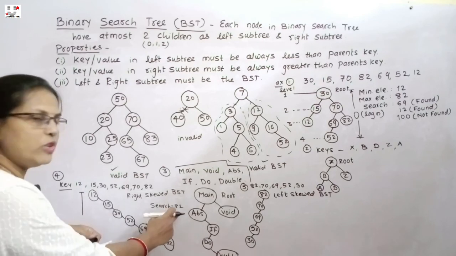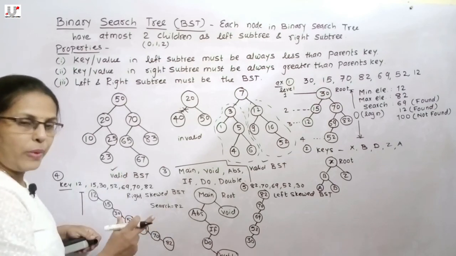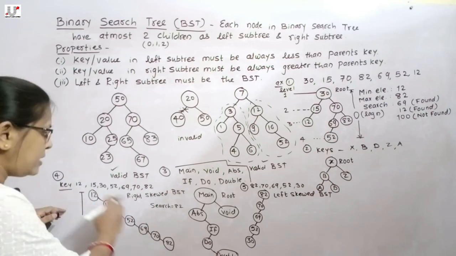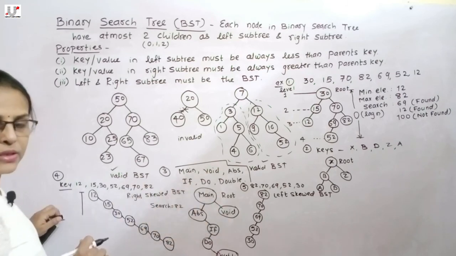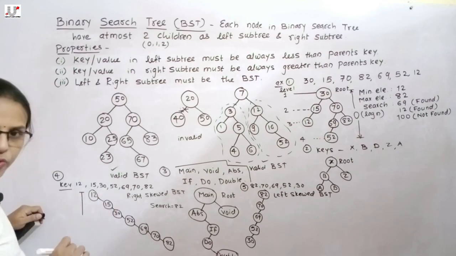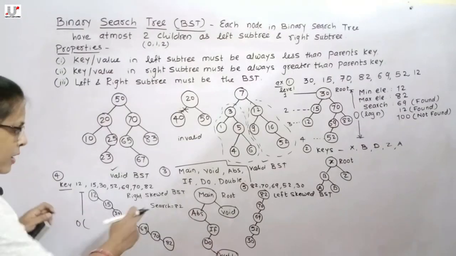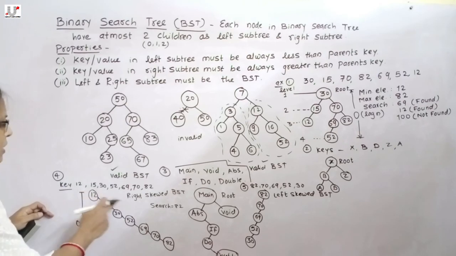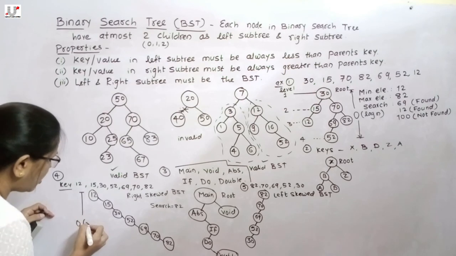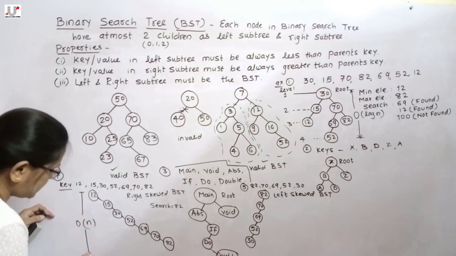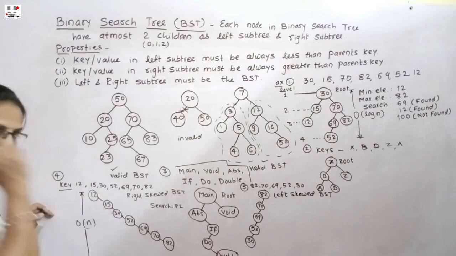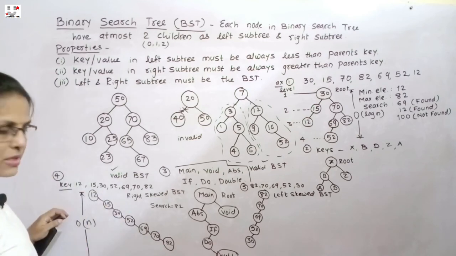That means the element which we want to search gets compared with each and every element of the tree. If it is a right skewed or left skewed binary tree, then it takes a maximum of n comparisons to search for an element. It takes order of n comparisons, and here n indicates the total number of elements present in the binary search tree.